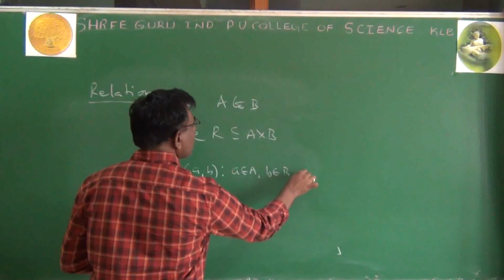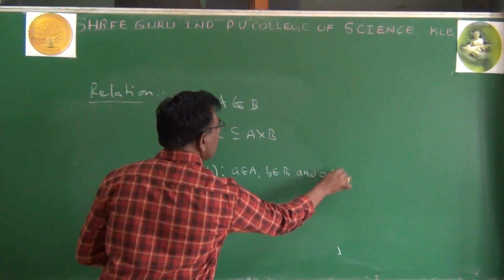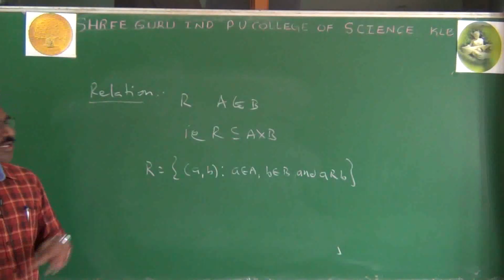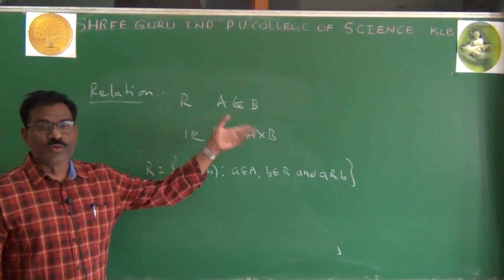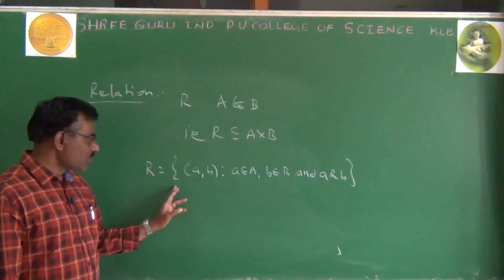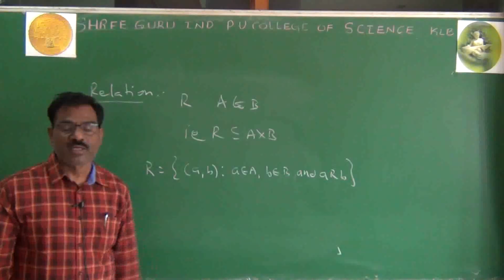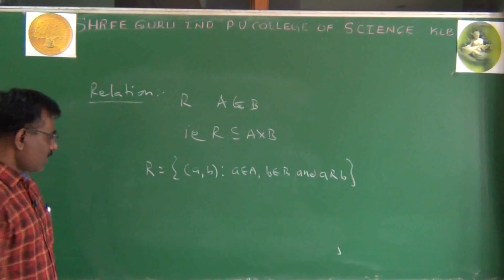And this is read as a related to b. So this is the relation from set A to set B.